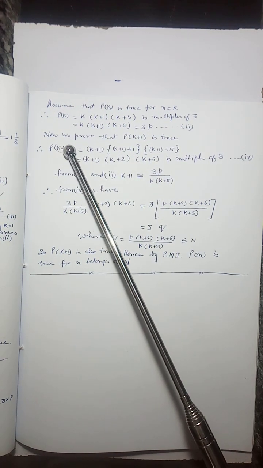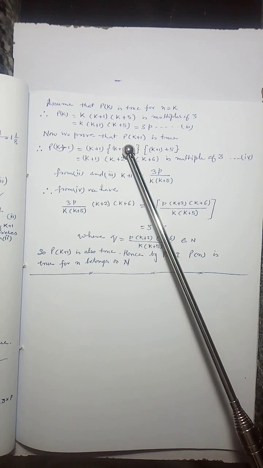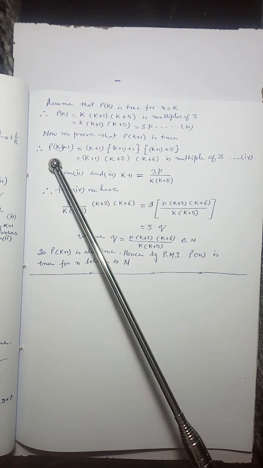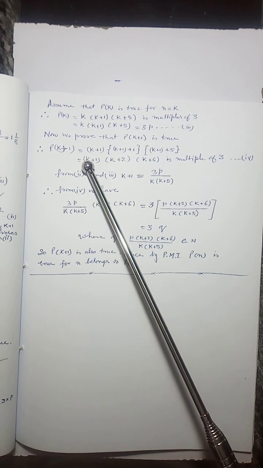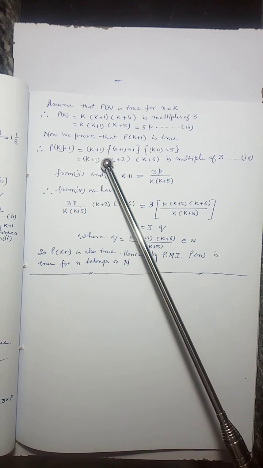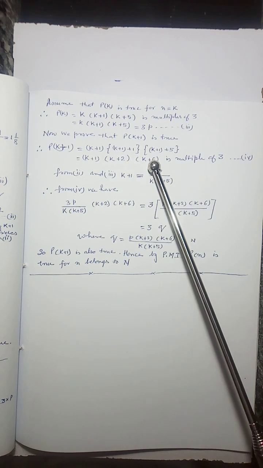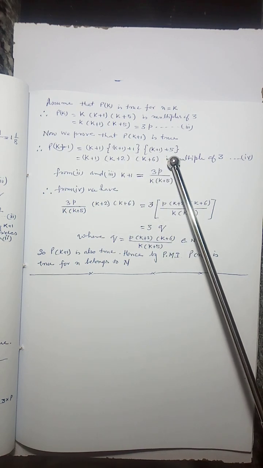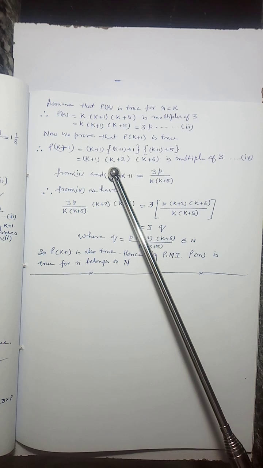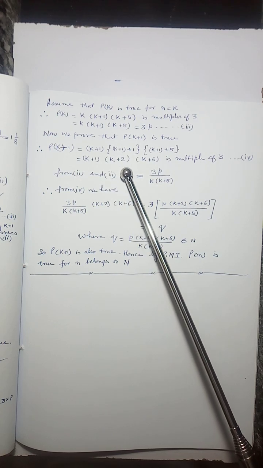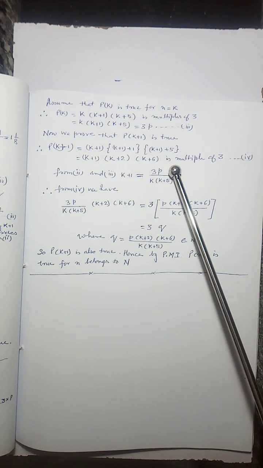Third, now we prove that P(k+1) is true. Now P(k+1) can be written here: (k+1) inside the bracket, (k+1+1) in the second bracket, (k+1+5). So (k+1)(k+2)(k+6) is a multiple of 3.